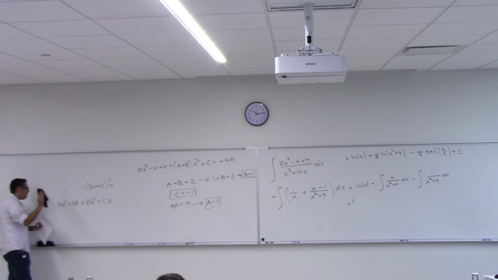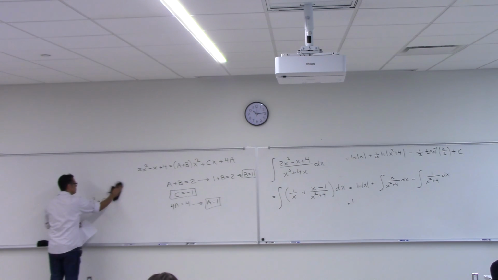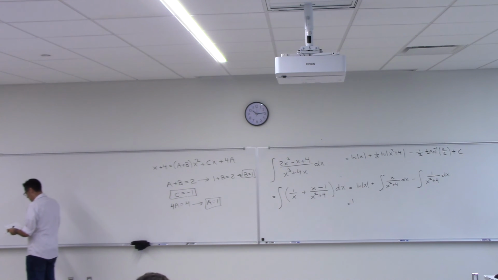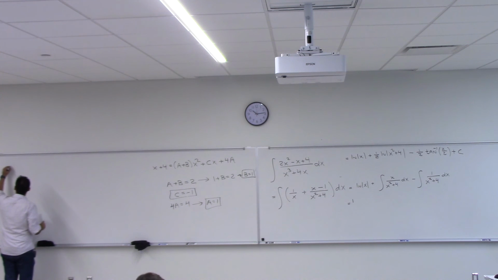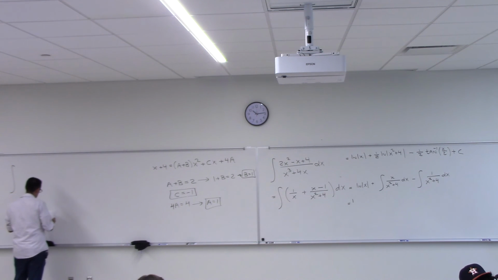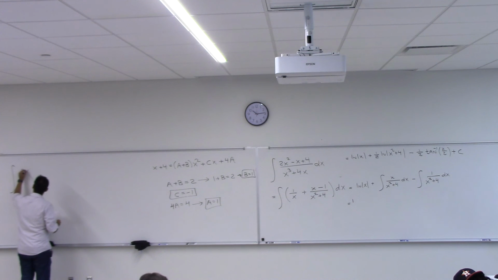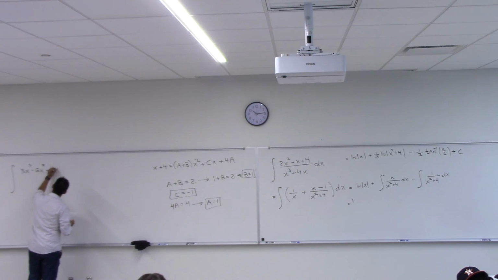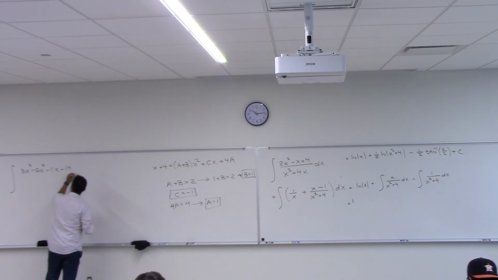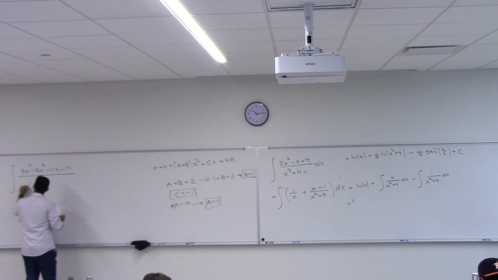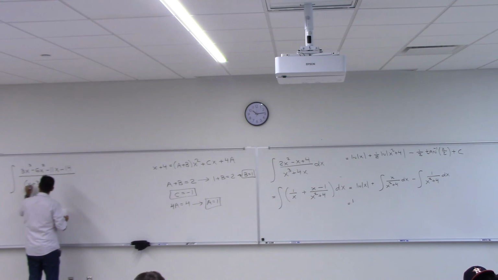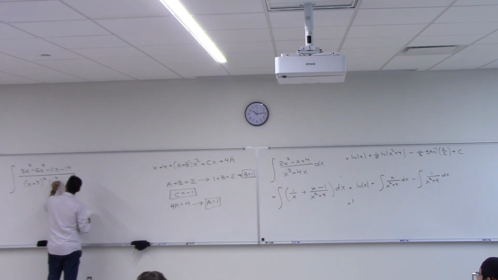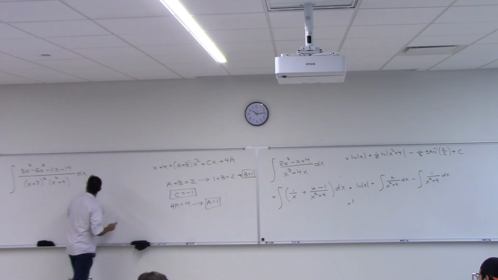It's not hard or anything, it's just that I'm not going to have time to do it. So I want you to turn this in next time. 3x cubed minus 6x squared minus 11x minus 14, all over x plus 3 squared times x squared plus 4, dx.